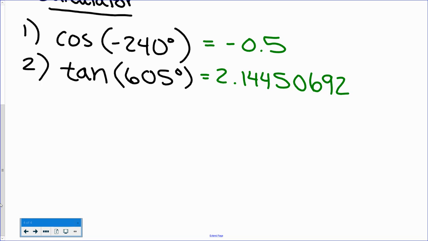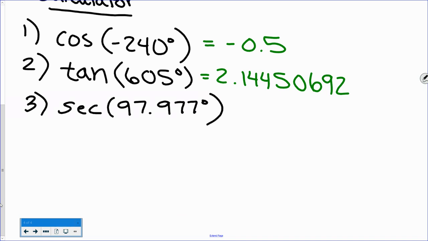So stay tuned. All right, if I ask you for sine, cosine, or tangent, not very difficult. You type it in your calculator. But if I ask you for something like secant of 97.977 degrees, do we have a secant button on our calculator? No. So we have to use a little bit of knowledge to be able to use our calculator.